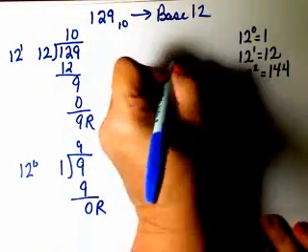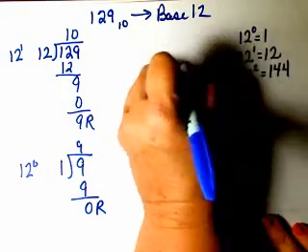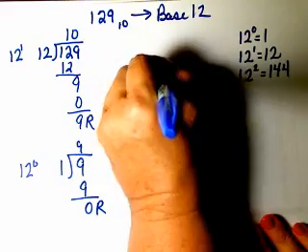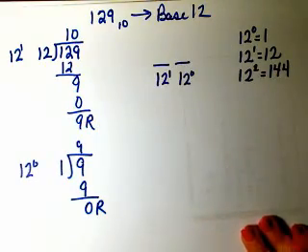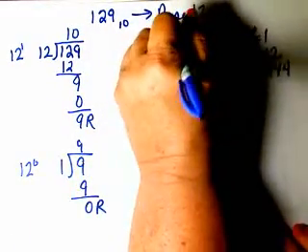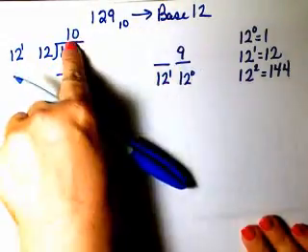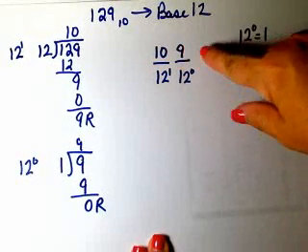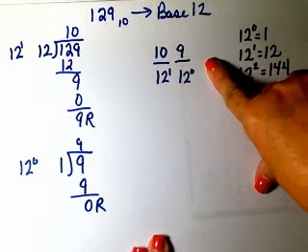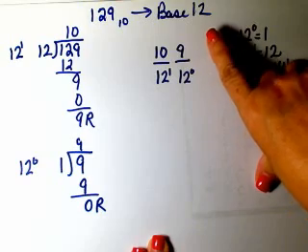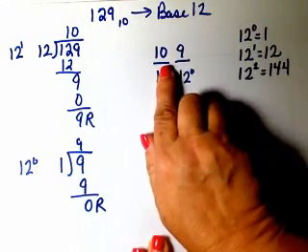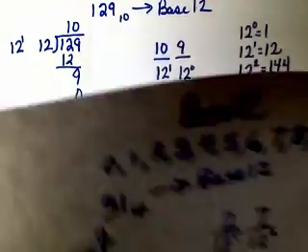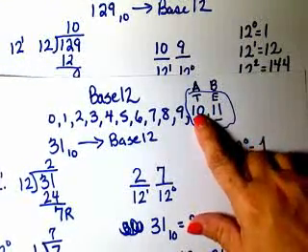So when I write my digits down, I have 12 to the 0 power, 12 to the first power. 12 to the 0 power is not a problem, it's 9. 12 to the first power is 10. So if I wrote down 109 base 12, it's going to look a little bit different than it needs to. So I have to use that digit that I represented as 10.